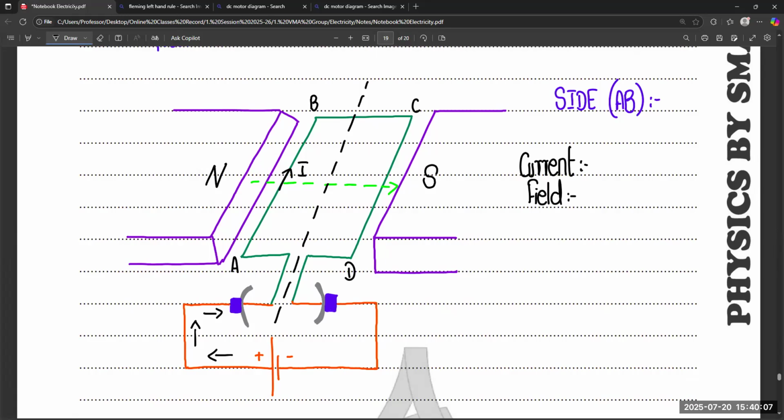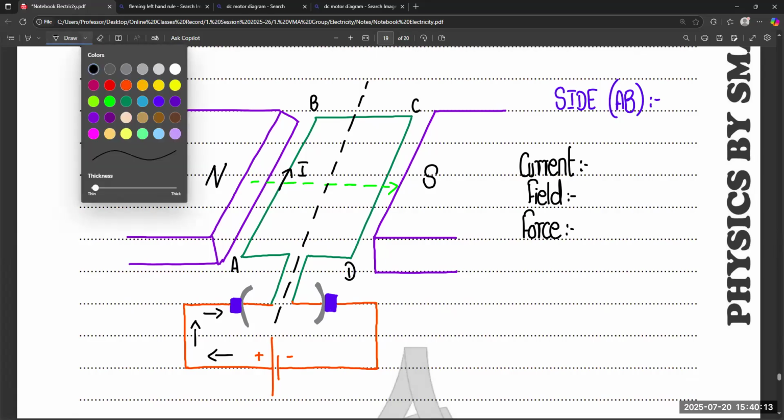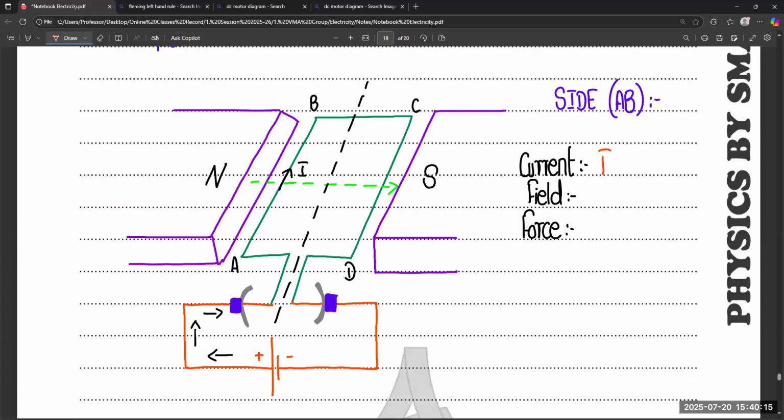If we talk about the magnetic field and the direction of the force: for electric current, it is into the paper, and the magnetic field is from left to right.